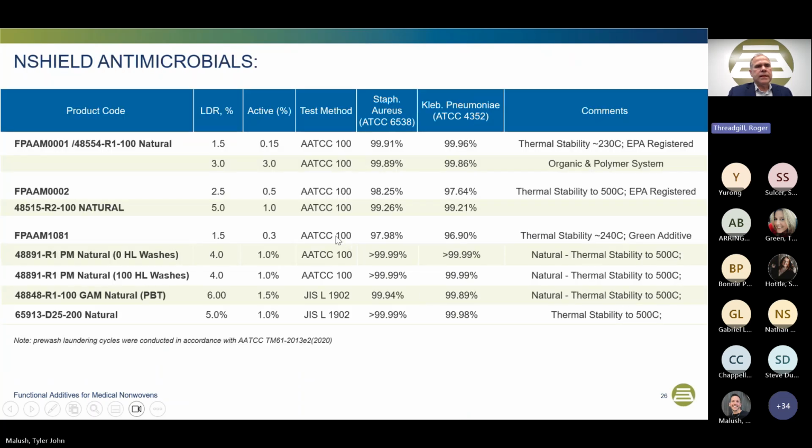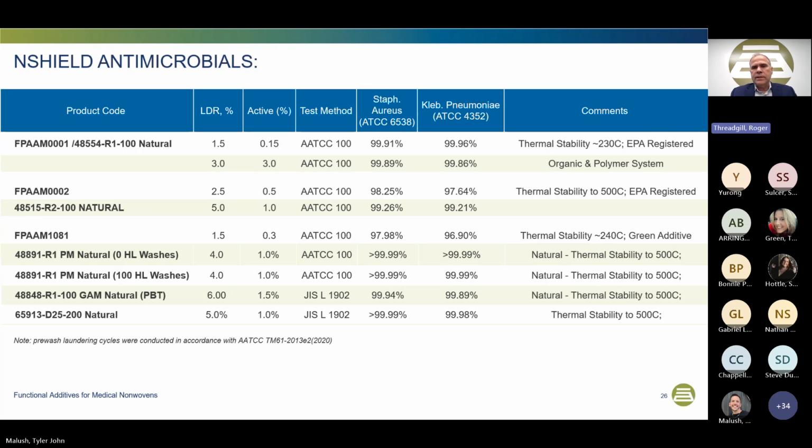Now, this table contains different antimicrobial in-melt packages that Americhem does offer with letdown and/or use rate, with a corresponding active ingredient content. They should also list test methods in quantitative form along with the test results. And then again, out to the right in the comments section, you see some description about the solution itself.